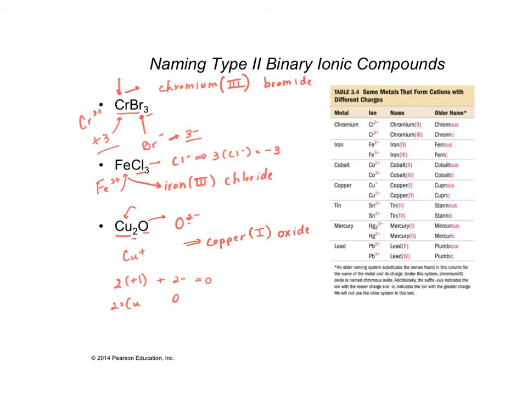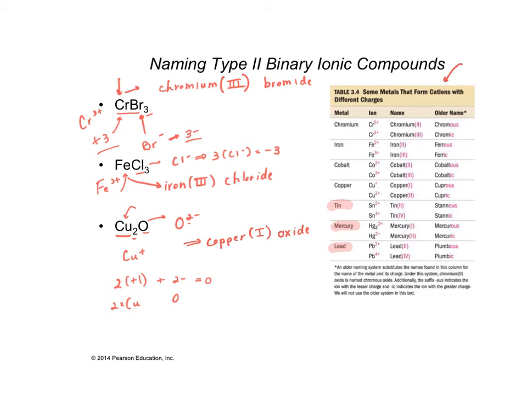Okay, so a couple of things to note here, over here on this chart. Most of the transition metals are going to follow this. These guys are going to be type II binary compounds, but there are a couple of the ones that I've talked about in the main group that are also like this. So just be aware that things like mercury, lead, and tin, these guys are also more main group type metals that form more than one type of charge, right?